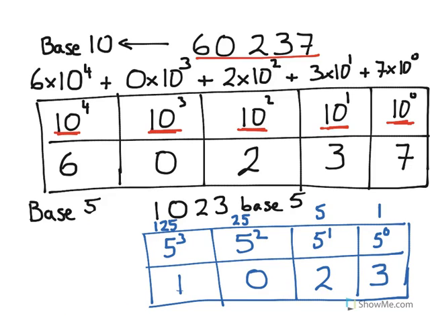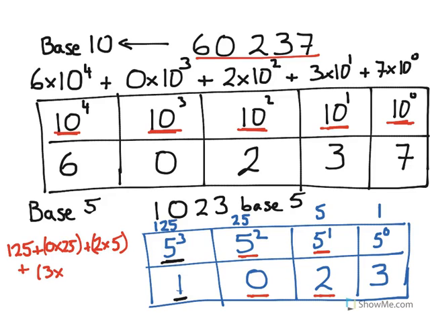So what do we have instead? Well, we can see that we have one lot of 5 to the power 3. Well, 5 to the power 3 is 125. So we have one lot of 125, plus 0 lots of 5 squared, which would have been 25. So 0 lots of 25, which we don't need, and 2 lots of 5 to the power 1, which is just 2 times 5, plus 3 lots of 5 to the power 0, which is just 1.